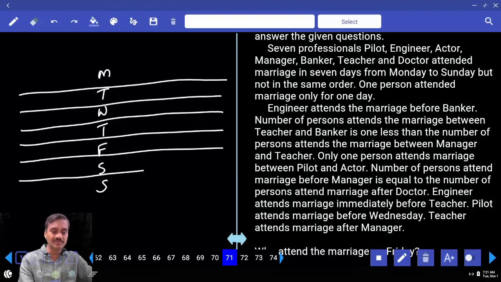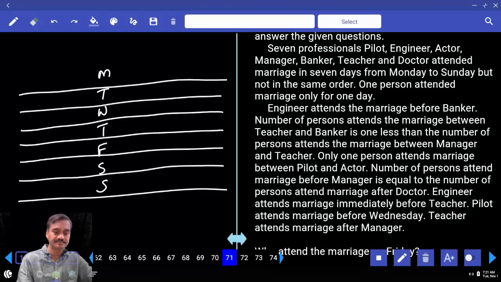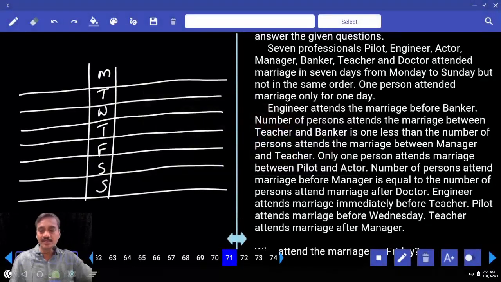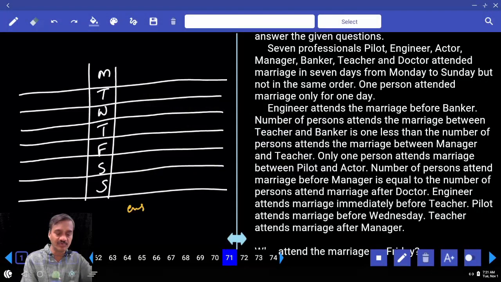Then coming to condition number 1. Tell me what is the information given in condition number 1? Engineer attends the marriage before banker. Engineer before whom? Before banker. The word immediate is not given, so anywhere before.